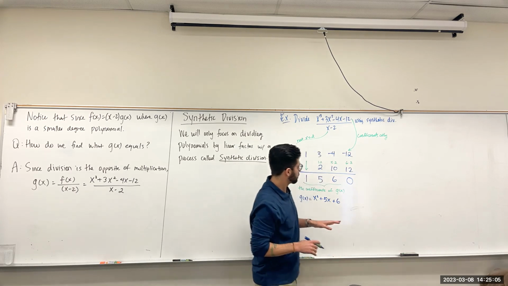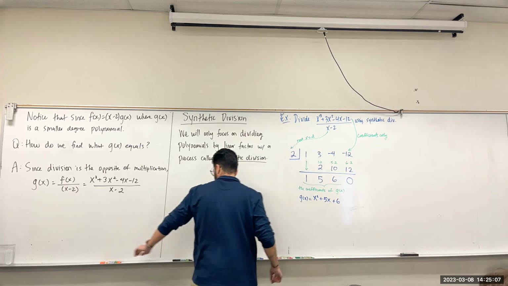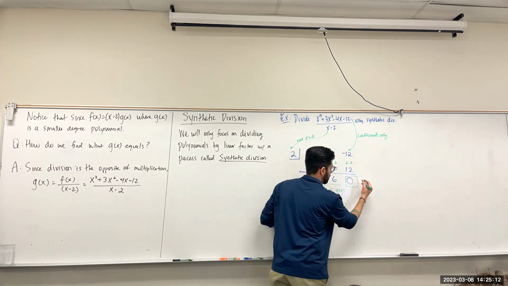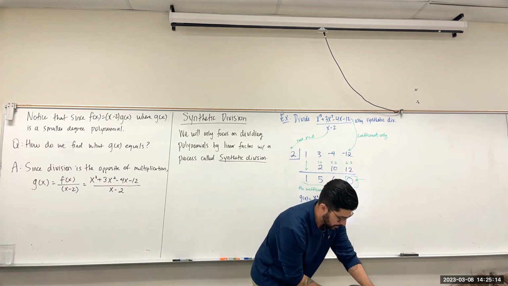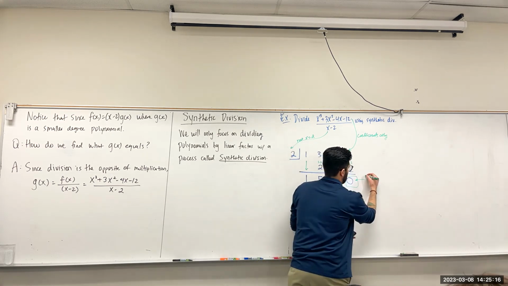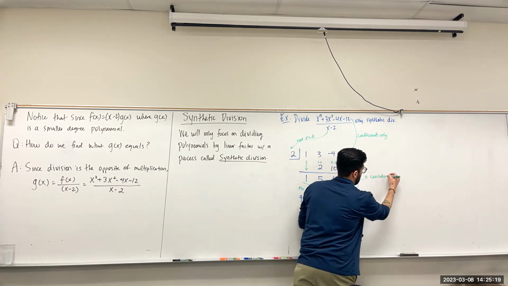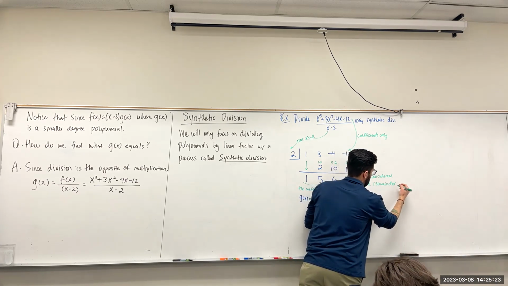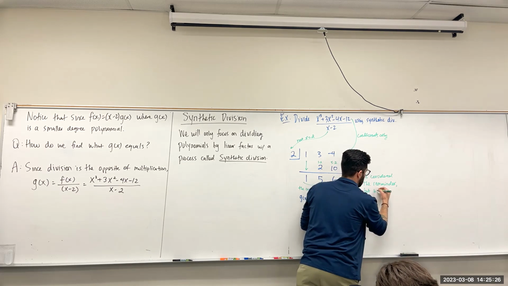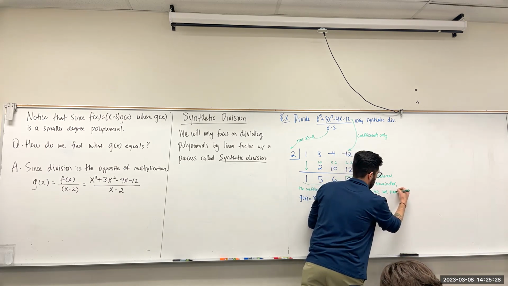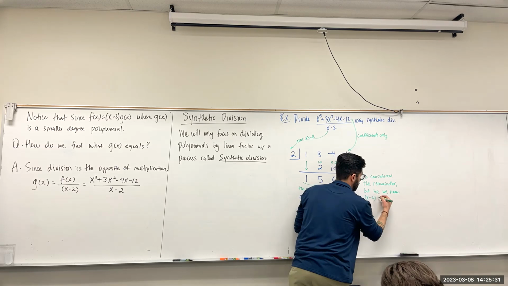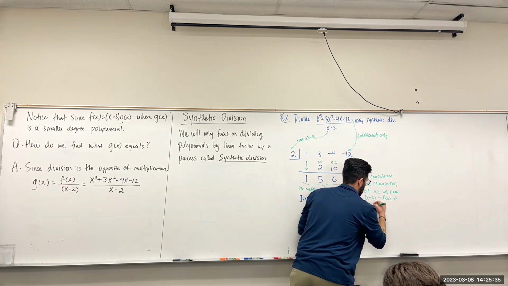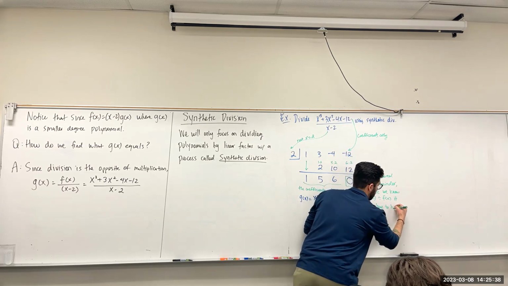Obviously, this guy here is considered the remainder. But because we know x minus 2 divides f of x, it will have to have remainder 0.